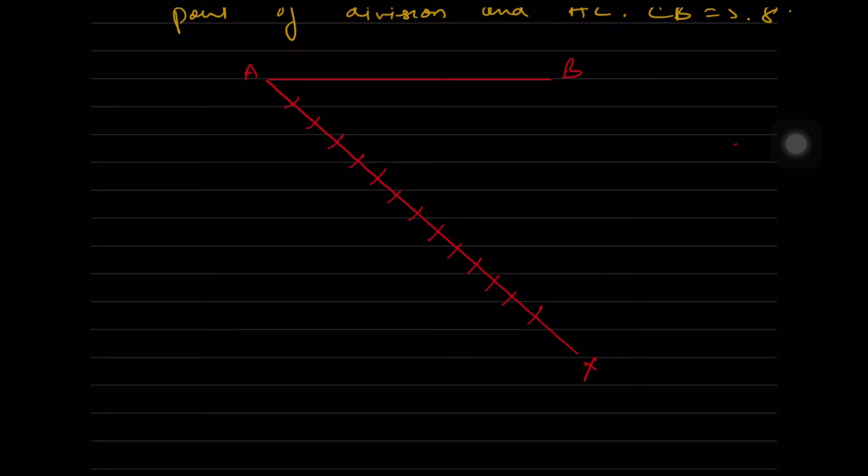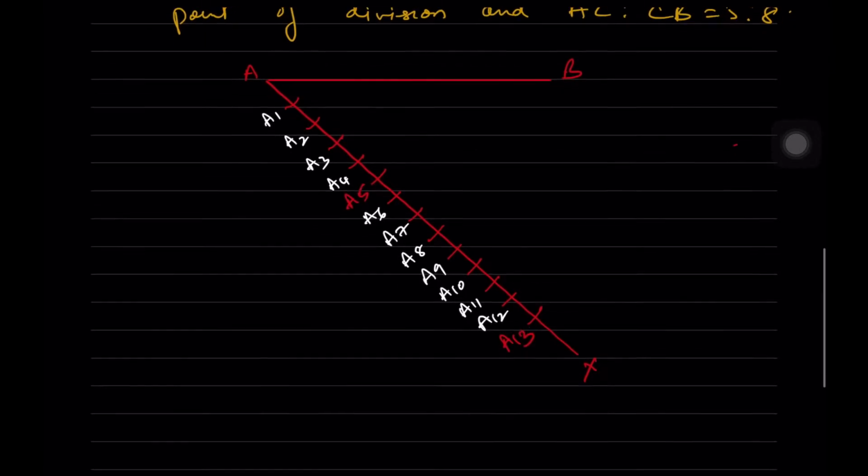This is A13. Now I am going to name all these: A1, A2, A3, A4, A5, A6, A7, A8, A9, A10, A11, A12, A13.